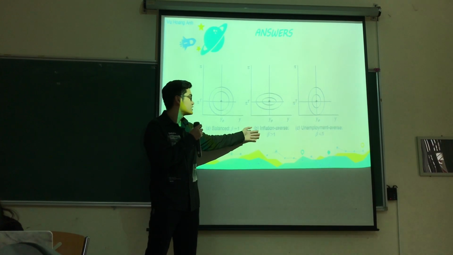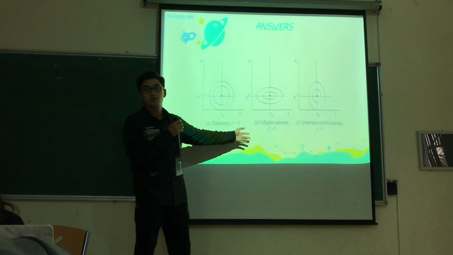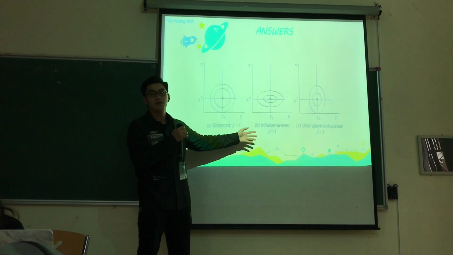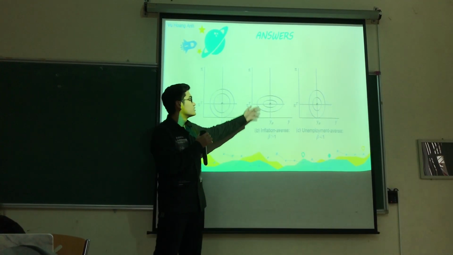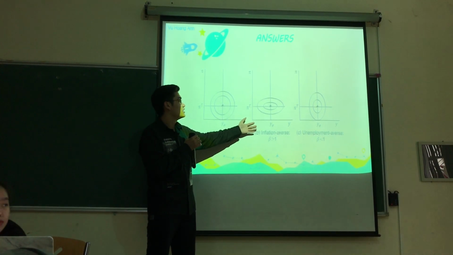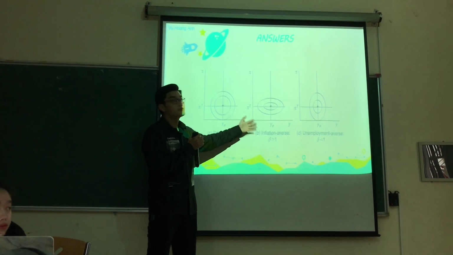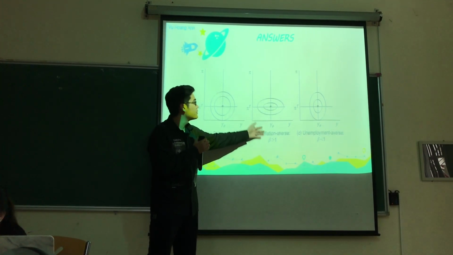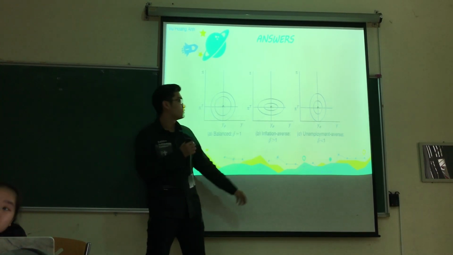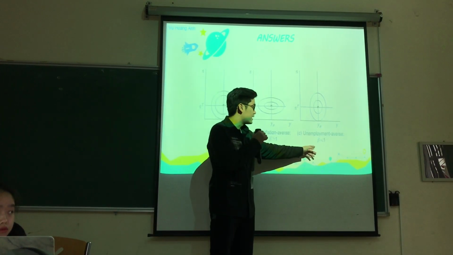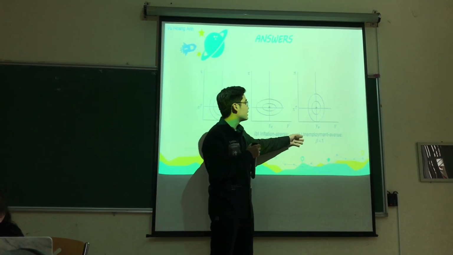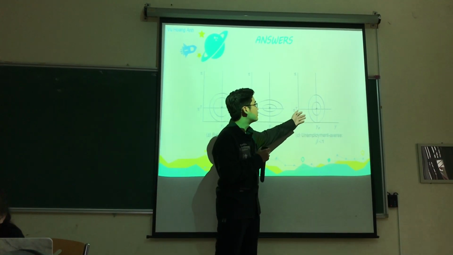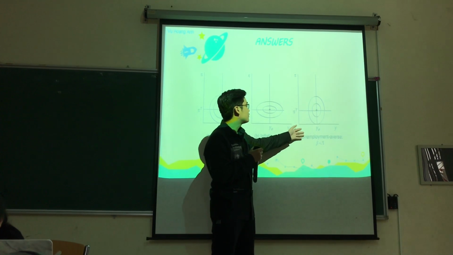It means that the central bank is inflation averse, strongly aware of inflation, and the shape of the indifference curve is an ellipse. In the final case, beta is smaller than 1, and we have a more vertical shape rather than horizontal.